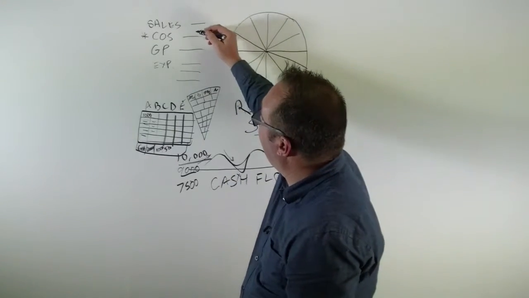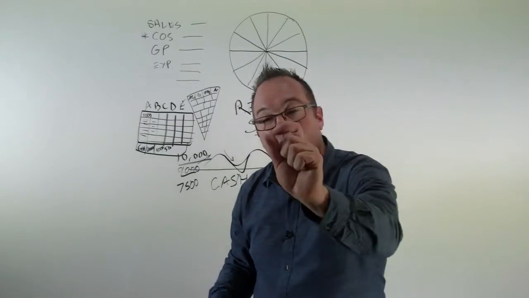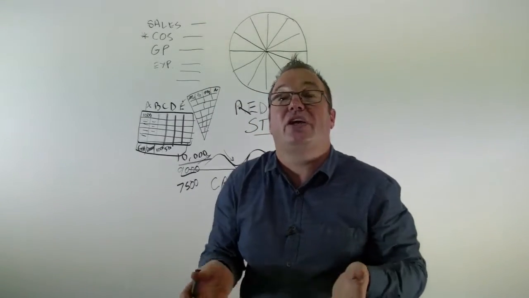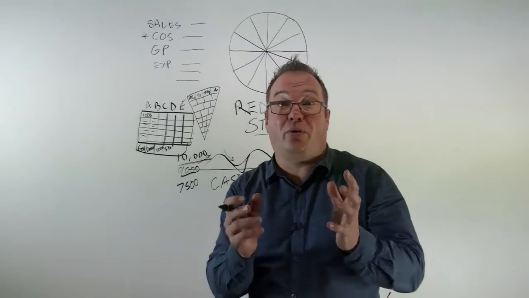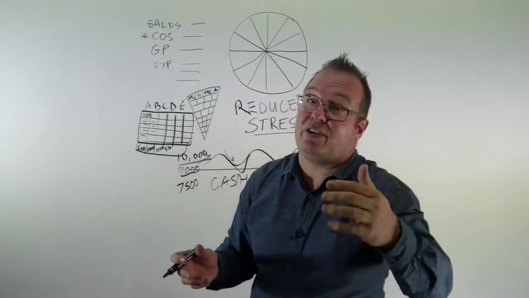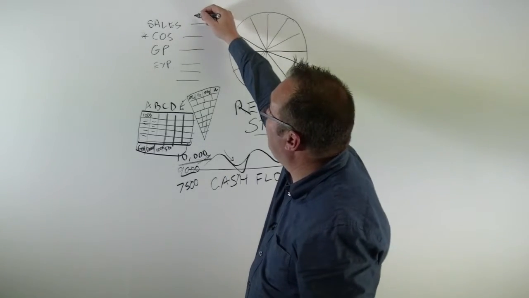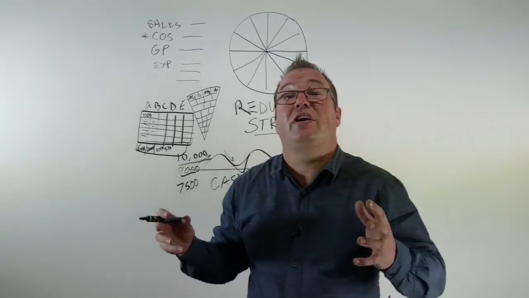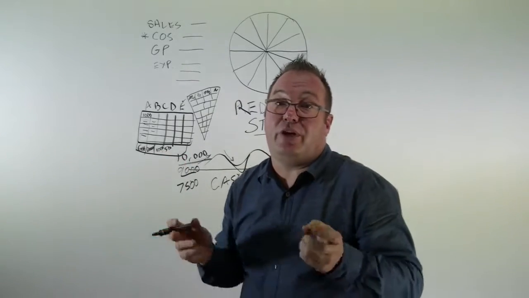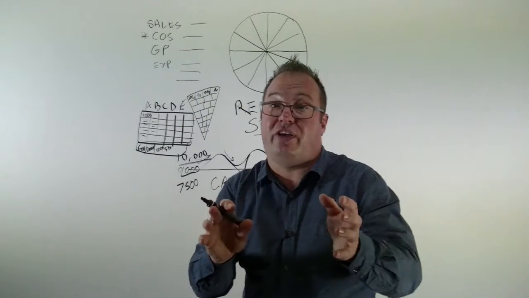So if you can reduce your cost of sales by just a small percentage, you're going to increase your gross profit. Now, if you increase your gross profit, you've still got to pay your expenses off it, but that's increasing your revenue at the top and increasing your gross profit there. So you're using 2 levers. You're increasing your sales and you're reducing your cost of sales.